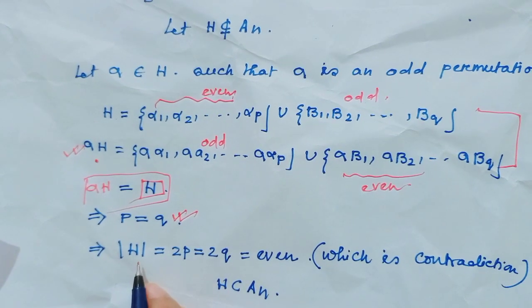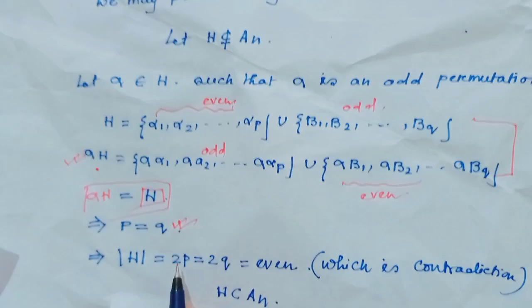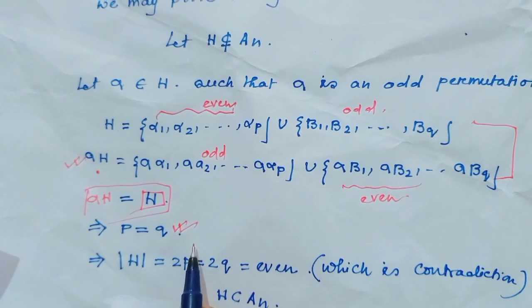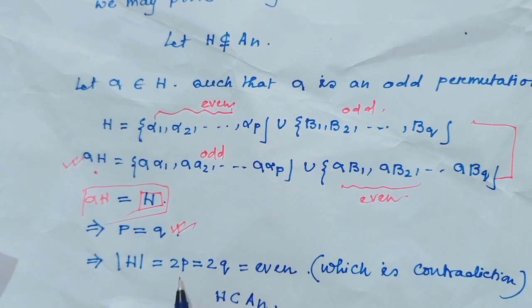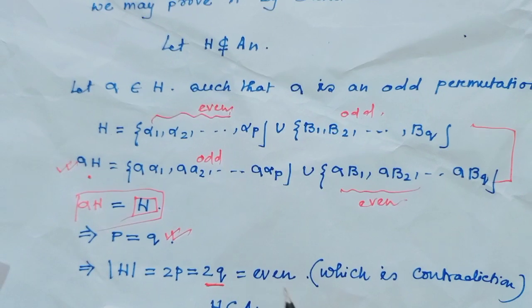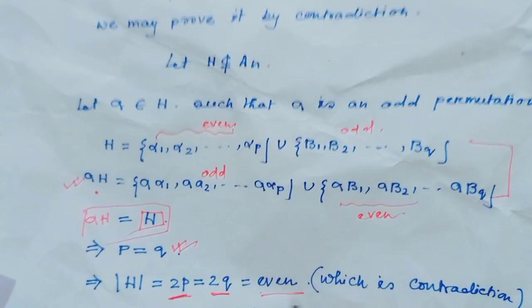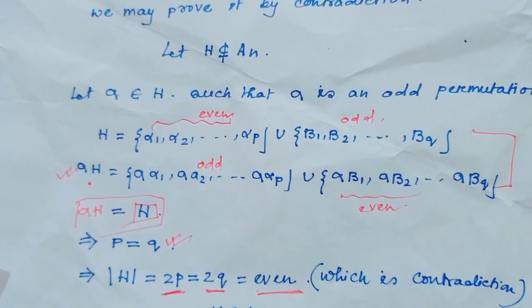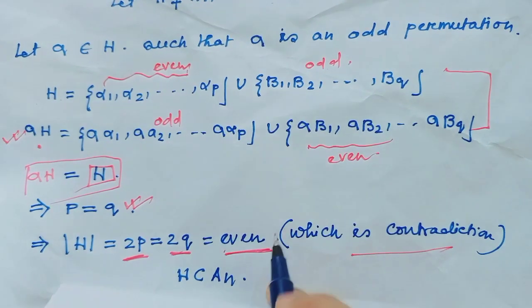Therefore the order of A is 2p, since p equals q, which is equal to 2q, and since this is 2p, that means this is an even number, which is actually a contradiction, because the given order of A is odd.